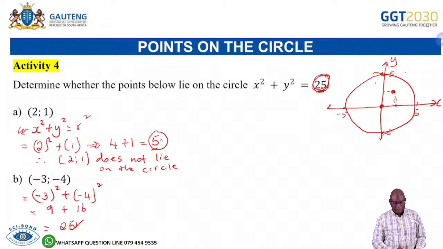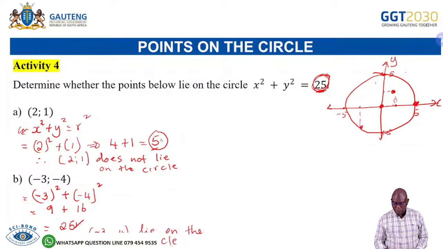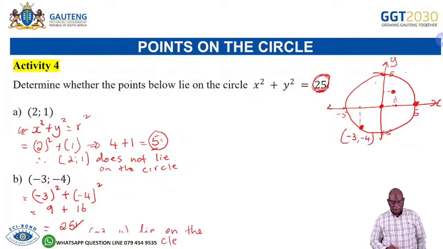So if this number is exactly the same as the one that was given, therefore the point minus 3 and minus 4 will lie on the circle. So meaning that minus 3 will be somewhere there, and then minus 4 will be somewhere there. That point will lie exactly on the circle, because the answer that we're getting is 25, and it's the same answer as we were given.